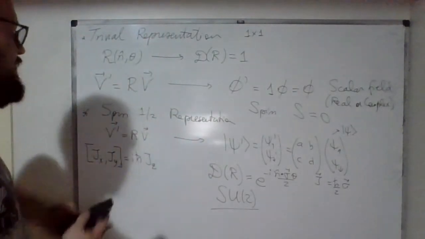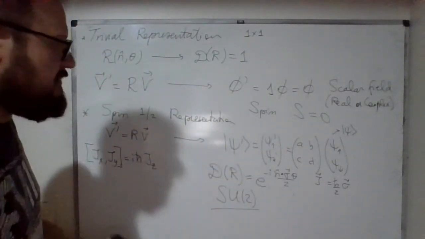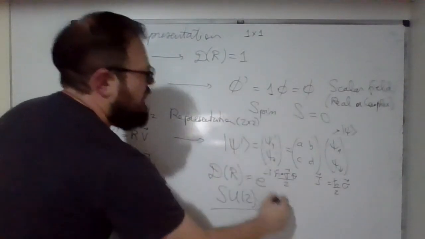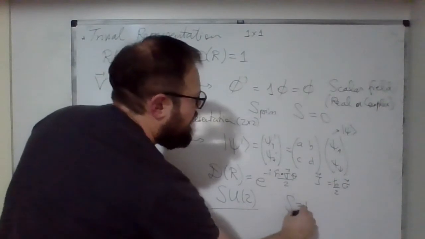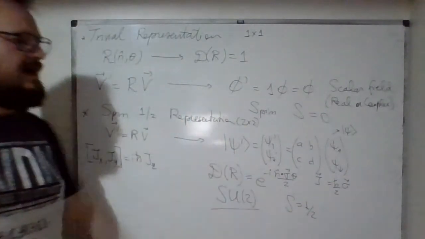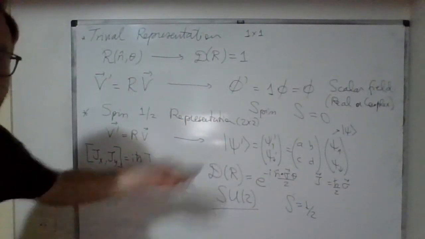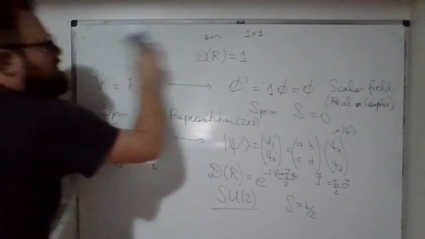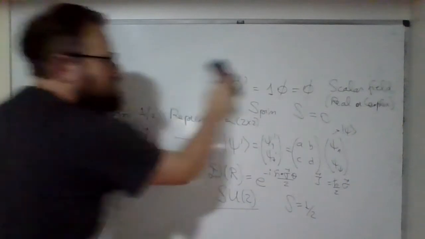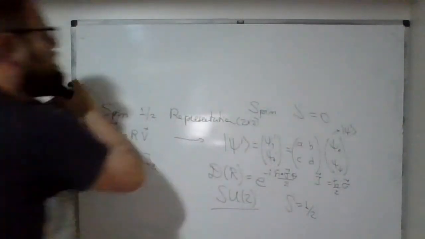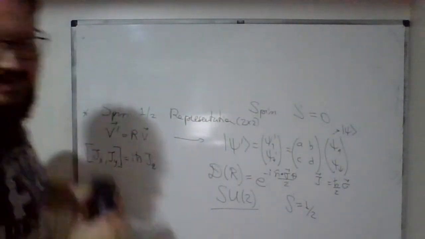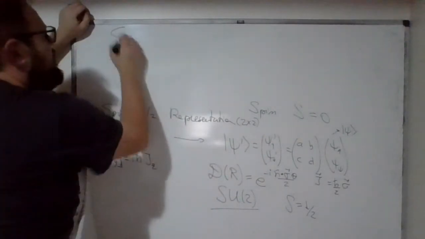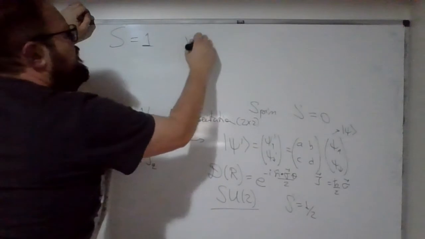Well, you can go on. These are 2 by 2 matrices, and this is spin 1/2. And you can go on and find the original representation, which corresponds to a vector field. So spin 1 is a vector field.